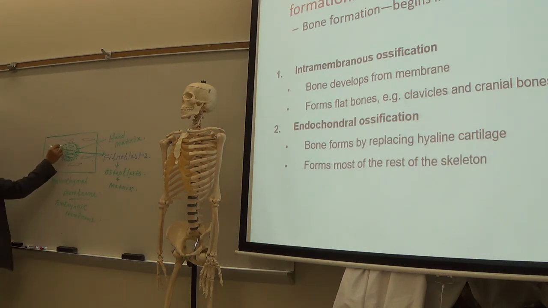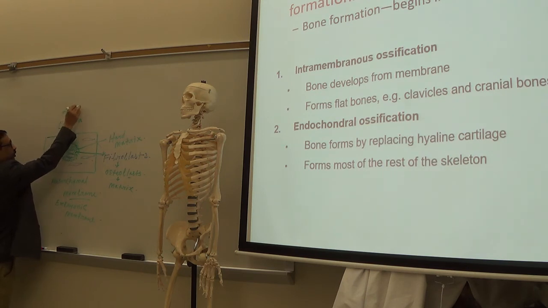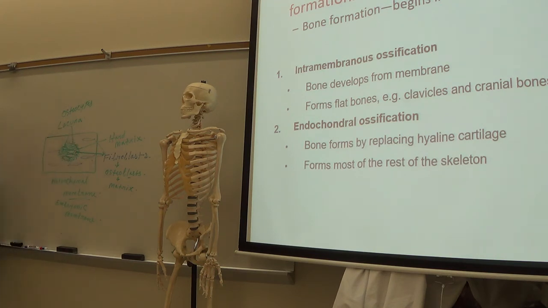So this is the space. This is the cell, this is the matrix, and this is the space, right? Same thing here. You see, matrix here, then the cell is here, and this is the space. So that's how lacunae form. And inside the lacunae, you have osteocytes, mature cells, trapped inside the lacunae, inside the cavity.